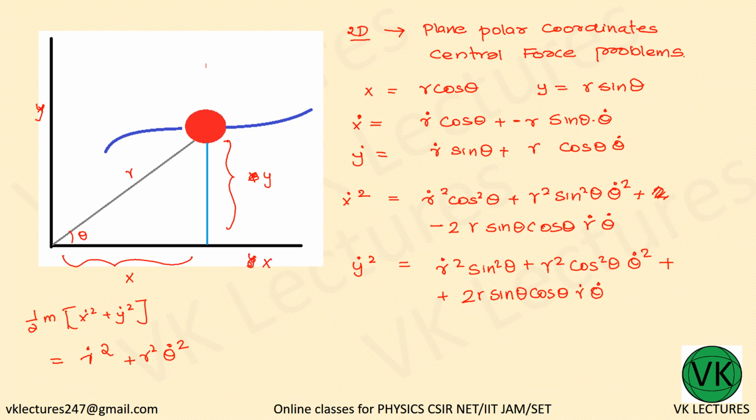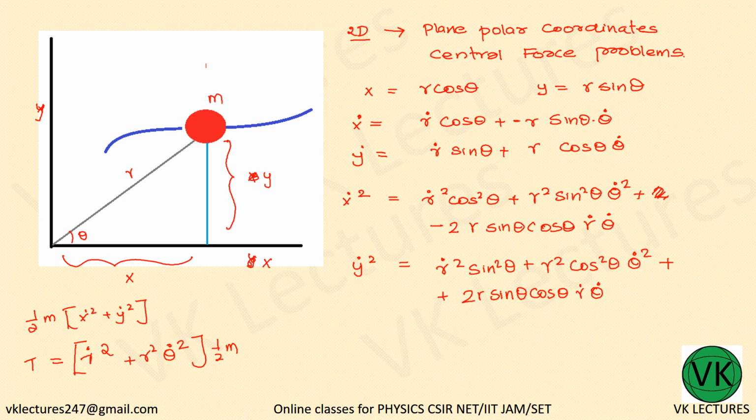So cos square theta plus sin square theta gives you 1, and this is the kinetic energy T, multiplied by half m, where m is the mass of this particle.